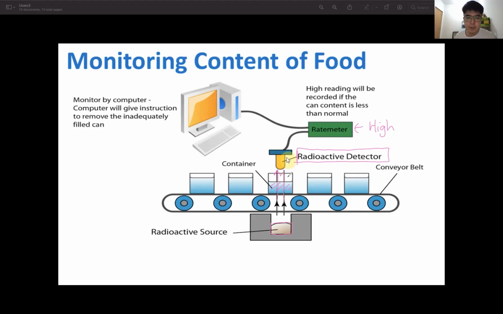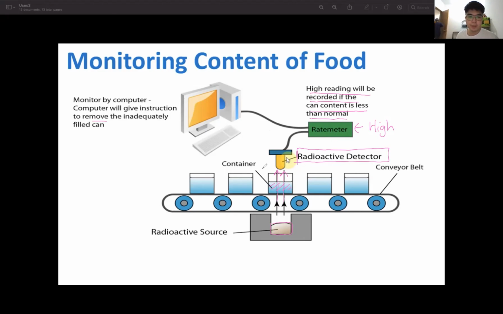So a high reading will be recorded if the content is less than normal. So they know from the computer. All this is done using a computer.